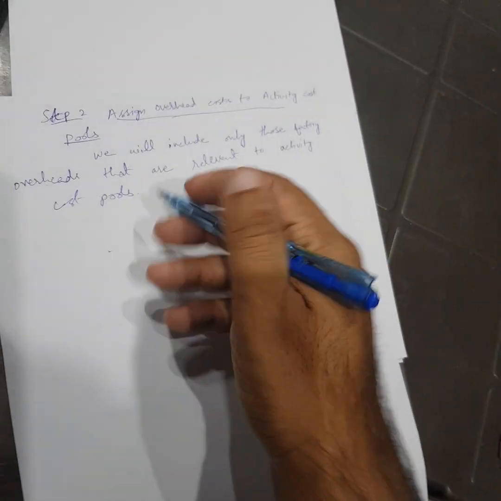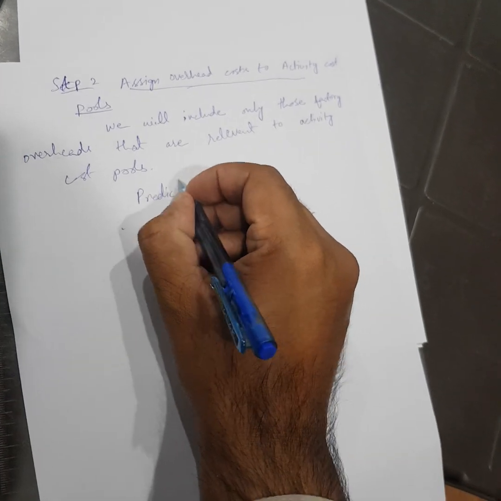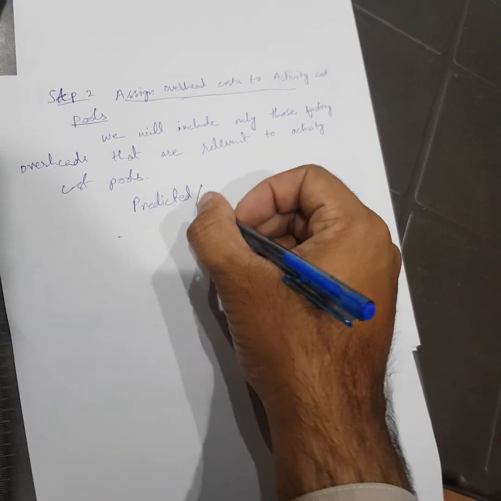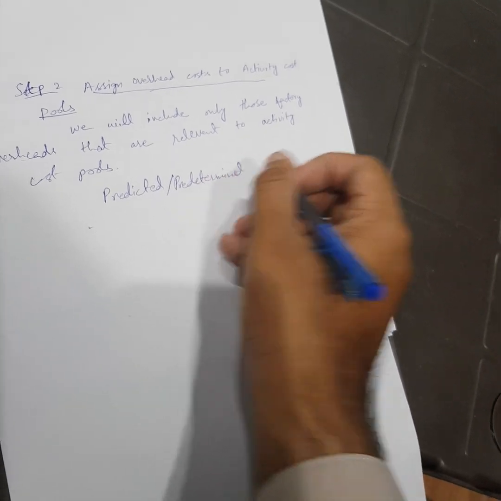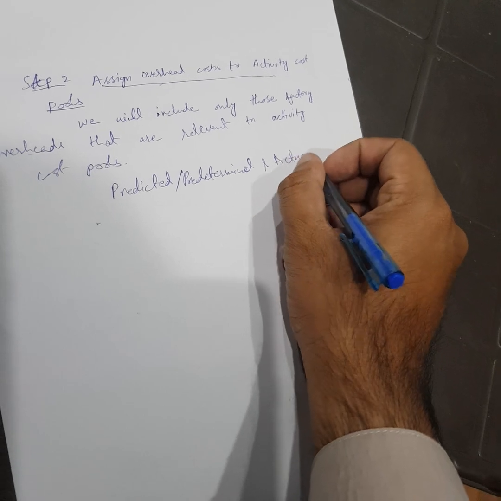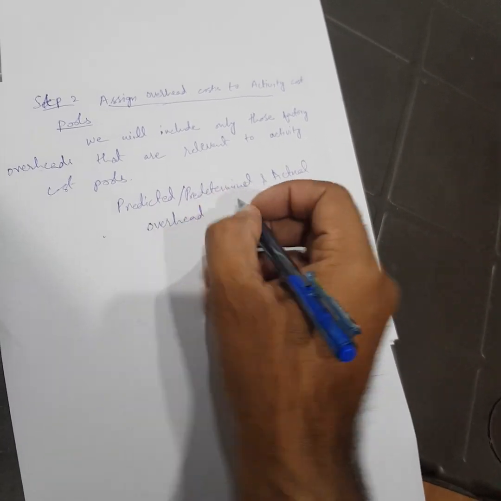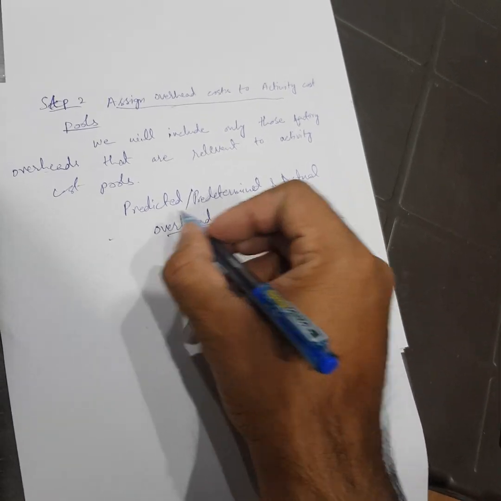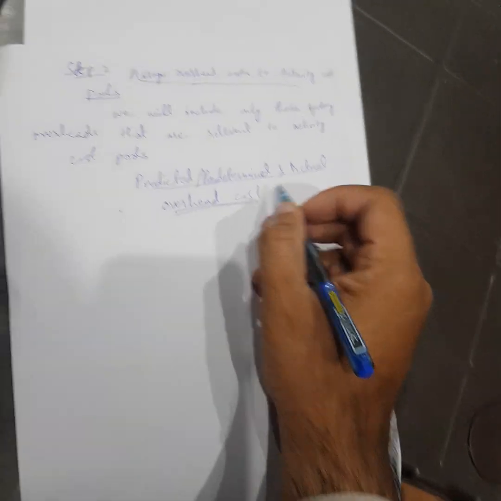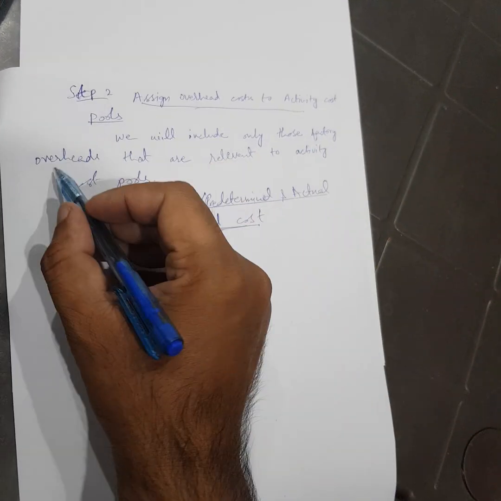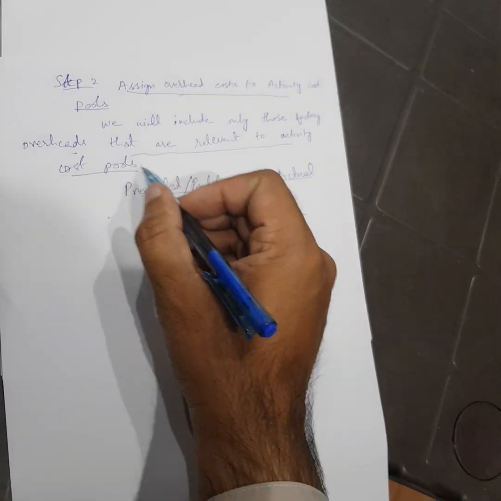Remember, we will not judge the predicted, or predetermined, and actual overhead cost. We will not do a comparison of predetermined and actual overhead cost. We will allocate only those factory overheads that are relevant to activity cost pools.